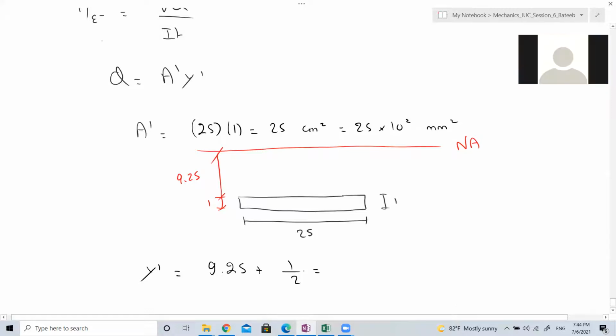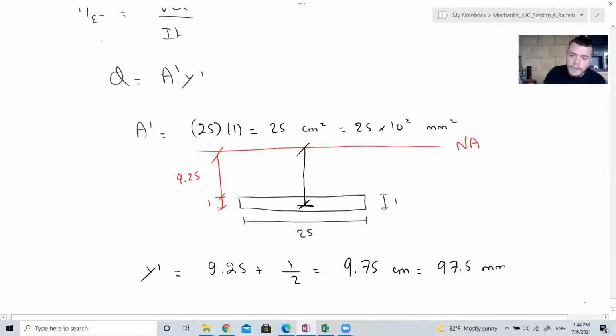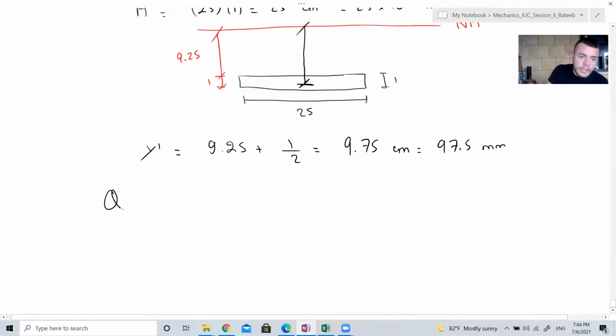It's half. No, how half? It's this plus half. Right. It's the distance between the neutral axis and the centroid. Correct? Correct. So 97.5 millimeters. So Q is 97.5 times 25 times 10 to the power 2.